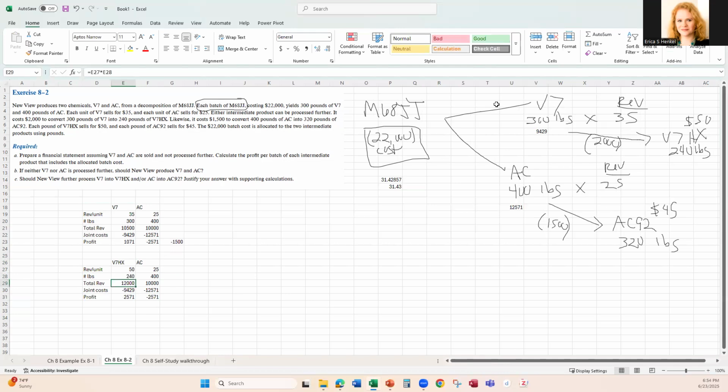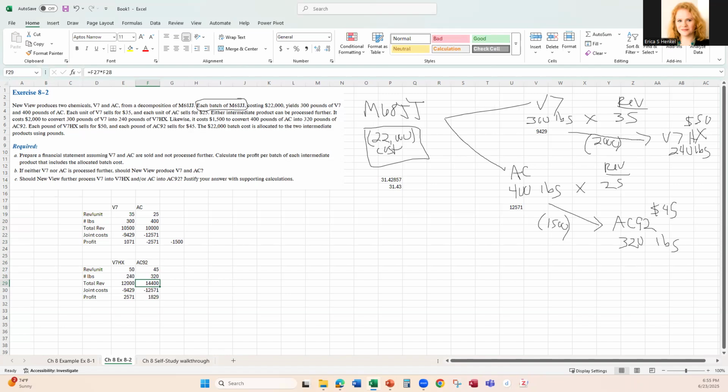Because these joint costs are split off up here, they're still going to be allocated the same. Here we've got AC92, which is going to sell for $45 at 320 pounds. When we plug that in, we do make more money on both of these.